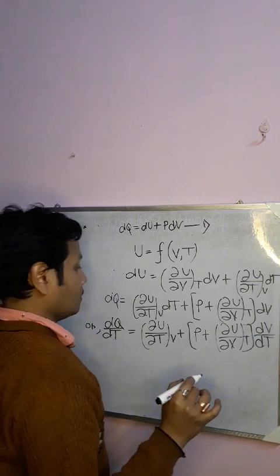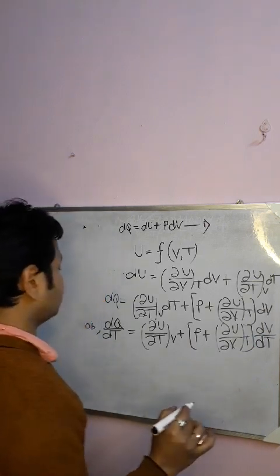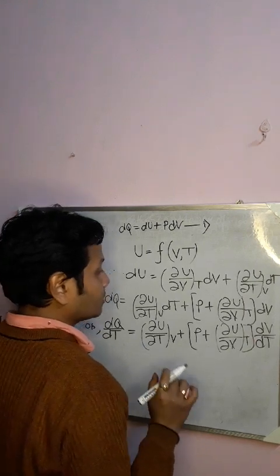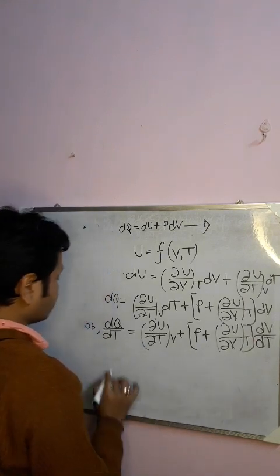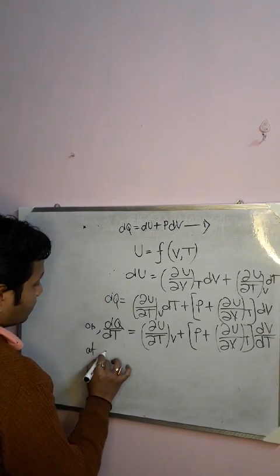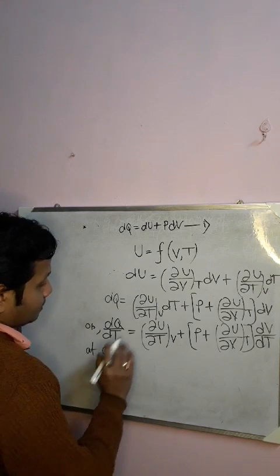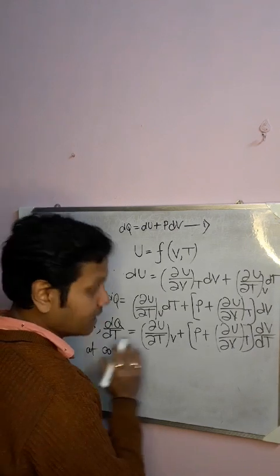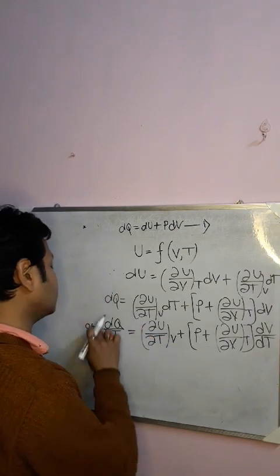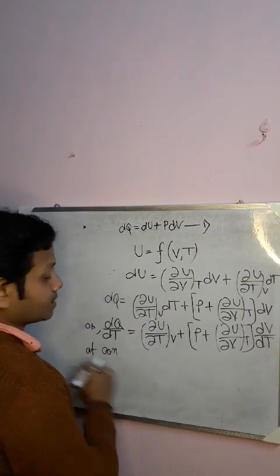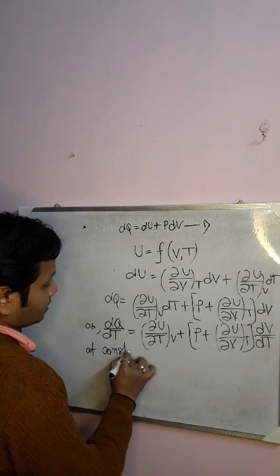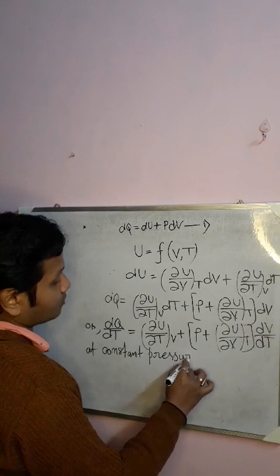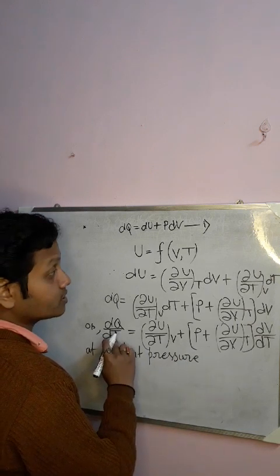Now let us assume the constancy of pressure. We have to apply the pressure constancy, because on the left hand side we have to bring Cp, which is only possible if we take pressure constant. So at constant pressure, the left hand side becomes Cp.